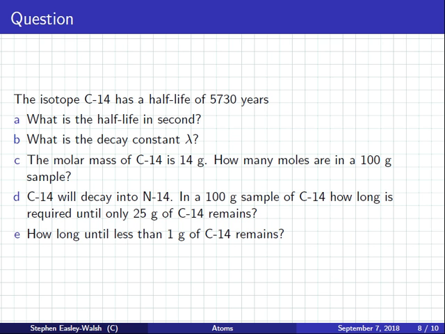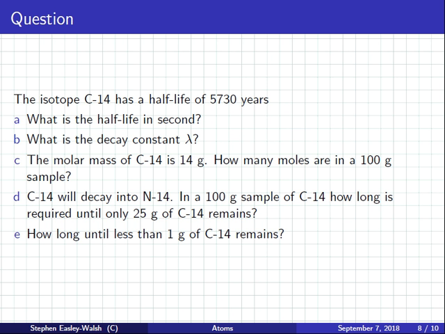Okay. So, everything that's alive, you, me, your food, everything has carbon-14 in it. And when you die, this carbon-14 begins to decay. If you measure how much carbon-14 it has, you can know how old it is.